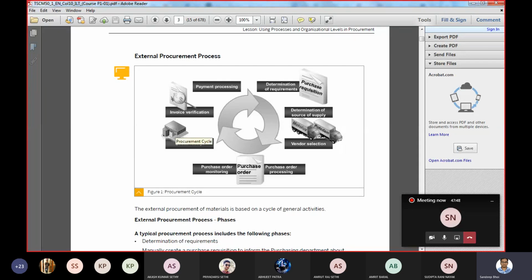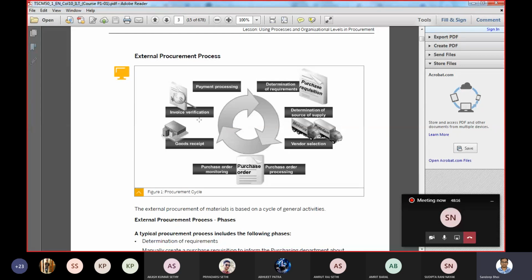So you need to verify that invoice: whatever you gave in the purchase order, and whatever quotation the vendor gave, and whatever invoice the vendor has provided, whether these match or not.